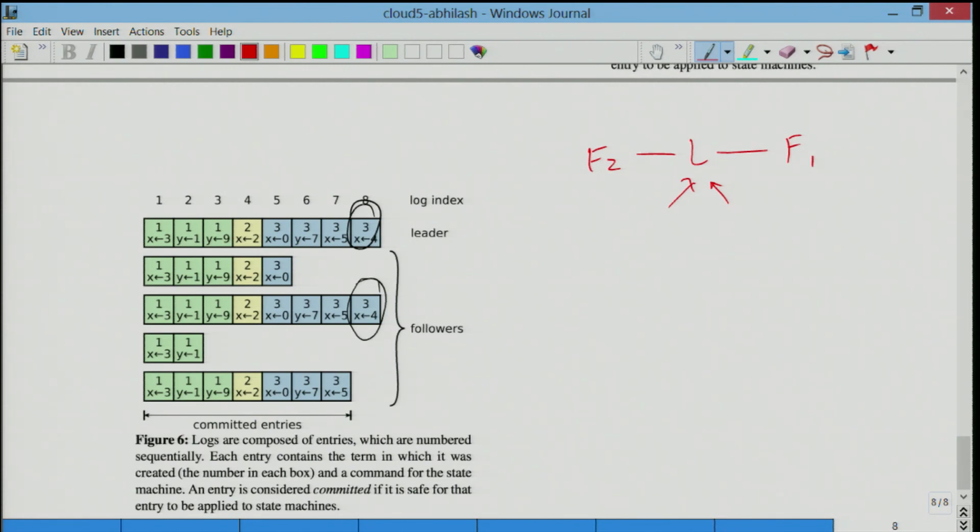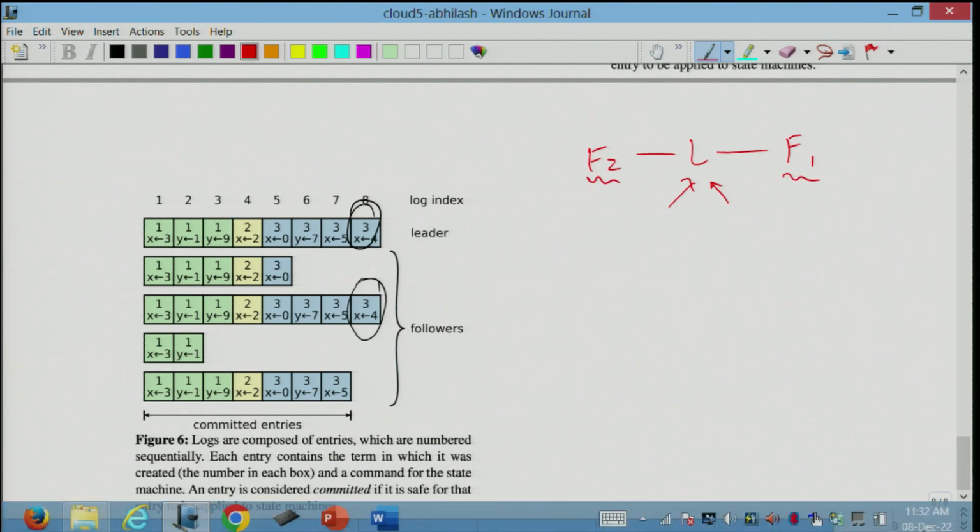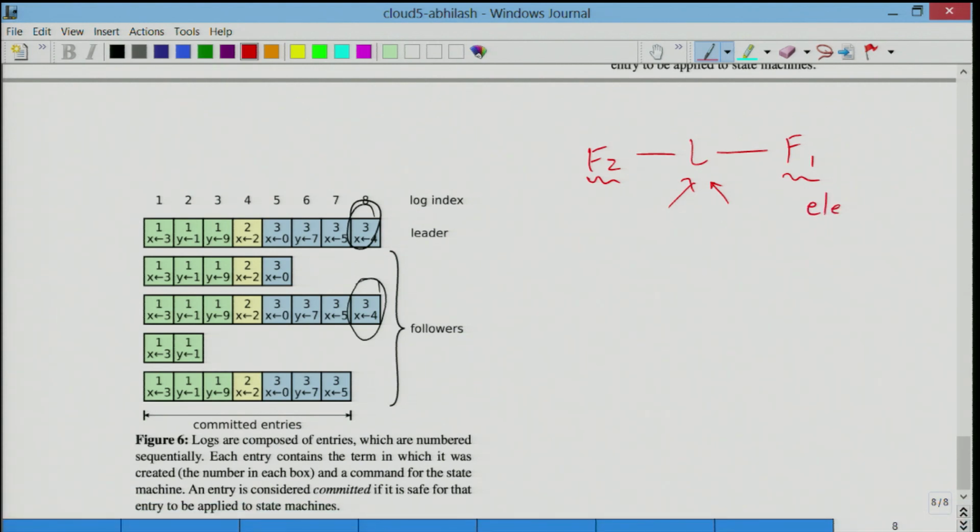So the leader has crashed. F2 and F1 will realize that we have not been getting heartbeat messages from the leader, and they will wait for a timeout. Every server locally is maintaining a timeout. Anytime it receives a heartbeat, it refreshes the timeout. So if it has not received heartbeats for a while, then the timeout will expire.